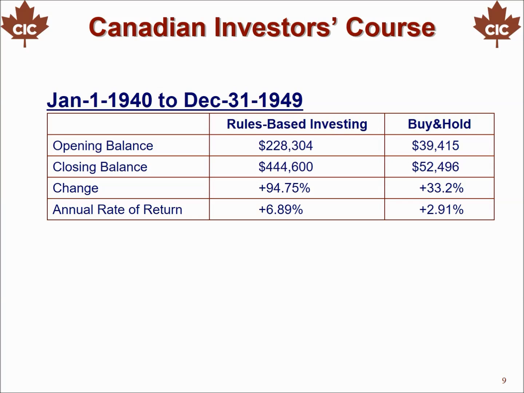It was $52,000, a nice profit over $39,000, 33% profit for the buy and hold guys, but the change for the rules-based investing camp was 94.75%, or a 6.89% annual rate of return versus a 2.9 annual rate of return for the buy and hold strategy.